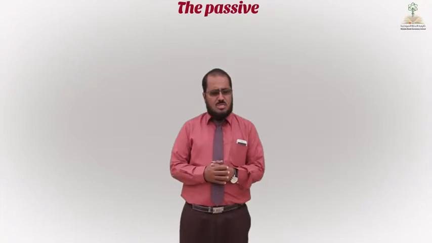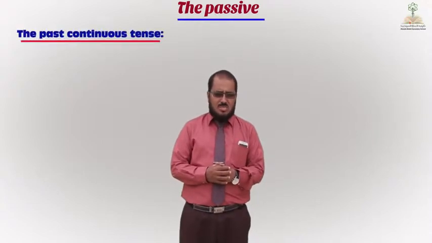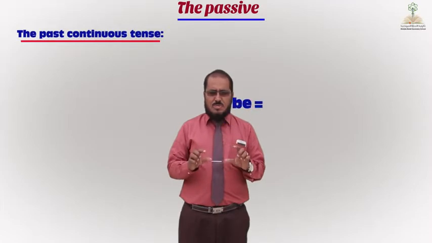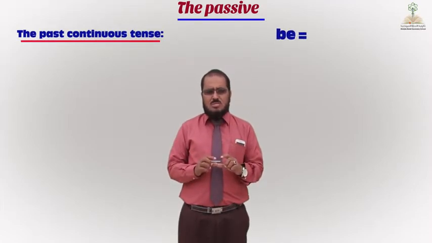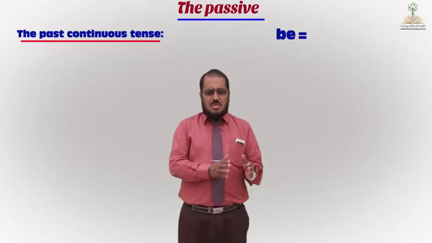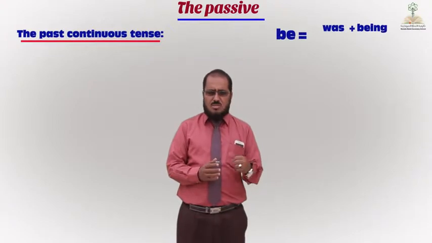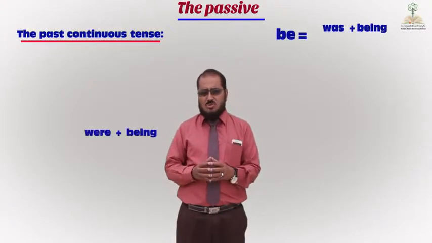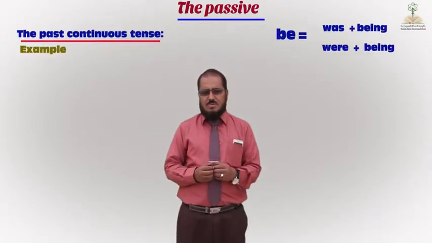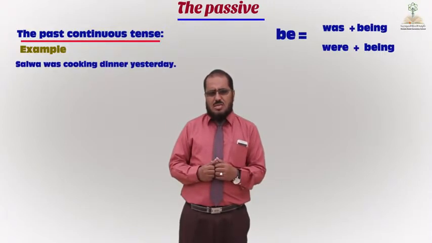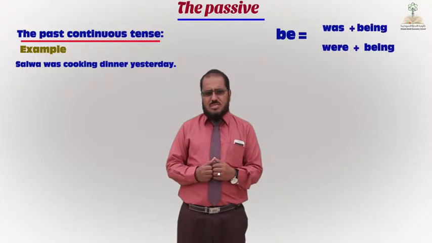See you. Today we are going to talk about the past continuous tense. Here is the verb to be, the same as what happened in the present continuous with a little difference. It will be was plus being for singular and were plus being for plural. Example. Salwa, this is active: Salwa was cooking dinner yesterday.